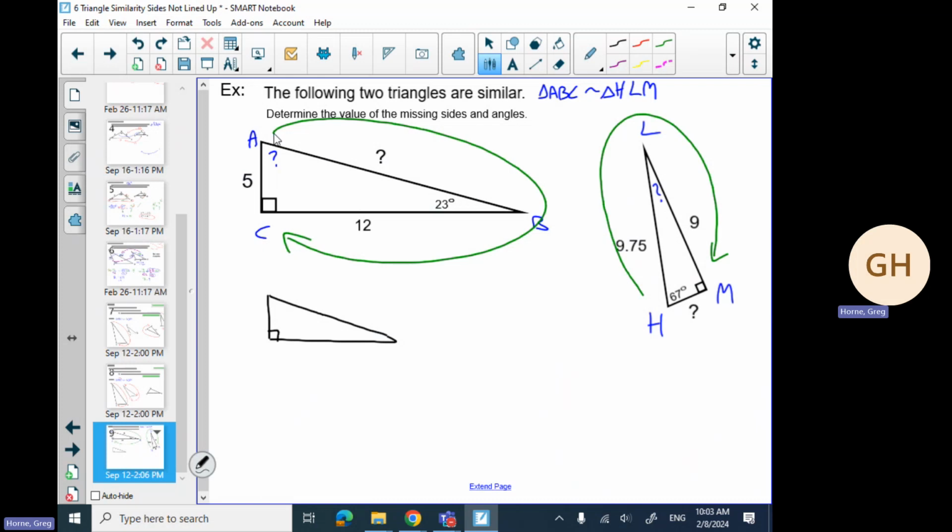So ABC, HLM. In which case I could make sure to put the HM side as a question mark. I could make sure to put the HL side as a 9.75. And I could make sure to put the LM side as a 9. And the L as a question mark. It's not hard to do.